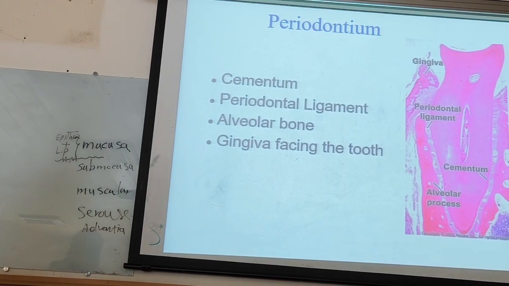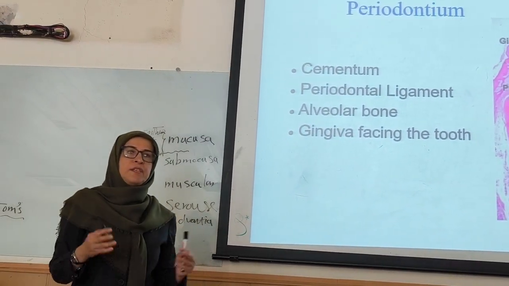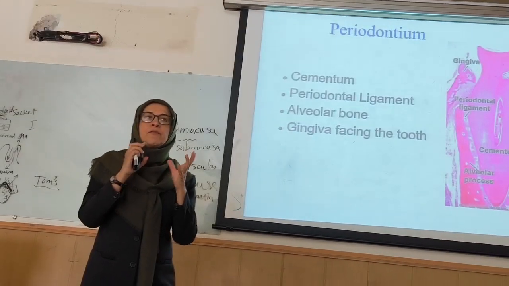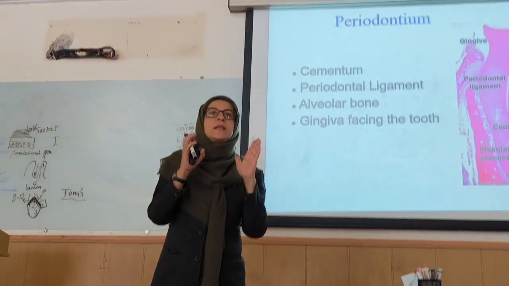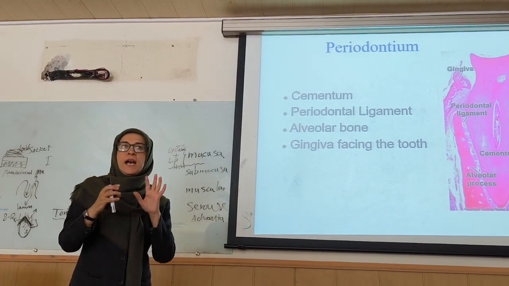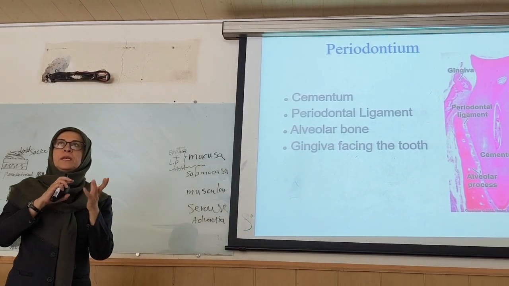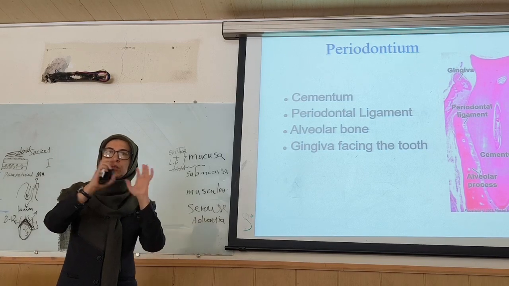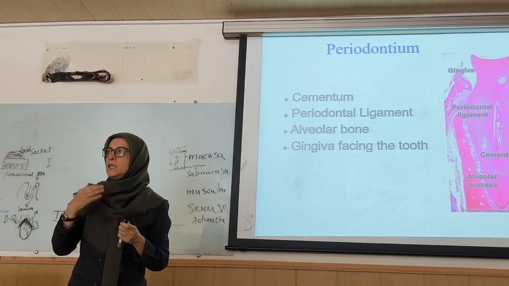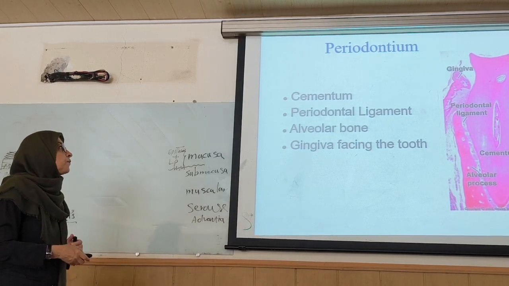The ameloblasts and odontoblasts interact together, and the existence of both of them is necessary for the development of the tooth. They have some induction factors together for the synthesis of the enamel and dentin in the embryonic period.